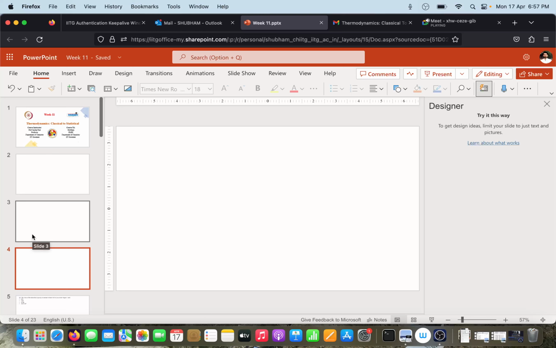So first of all, according to the first law of thermodynamics, dU is equal to dq plus dw. And we also know the formula, delta H is equal to delta U plus delta ng RT. So this formula we are going to use.